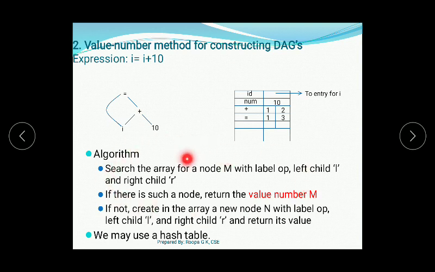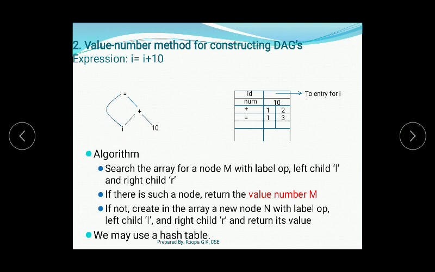Now there is an algorithm to construct DAG by using this method. This table is also important. What does this algorithm say? First, search the array for a node M with the label of left child L and right child R. Okay, so what happens is, listen carefully. If there is a leaf node like an identifier or number, a table is created like this.